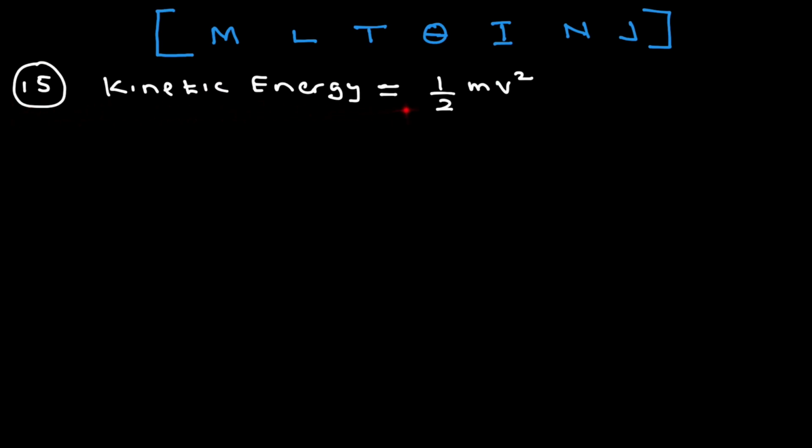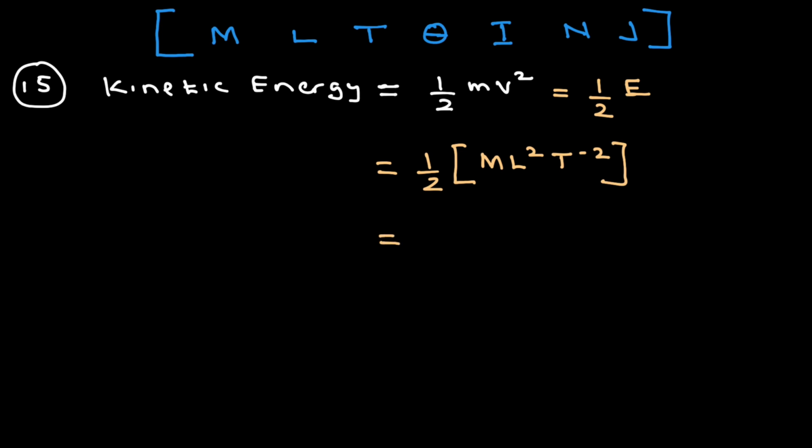Kinetic energy equals a half mv squared, and therefore we know that mv squared is energy, so that equals a half energy. And we just derived the dimension for energy, and that's a half square bracket m L squared T to power minus 2, close bracket. A half is not a dimension, so it's a constant.